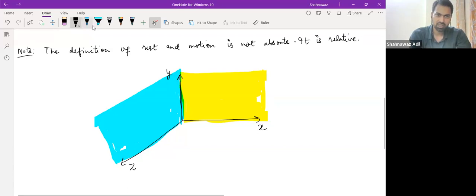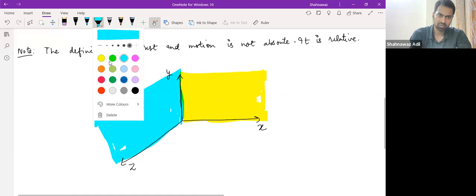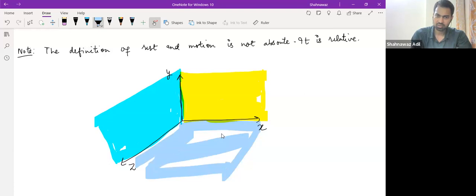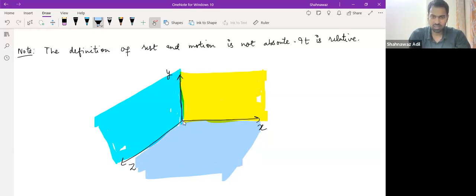So this is one direction, which is the length of the floor, and this is the breadth of the floor, and this is the height, right?